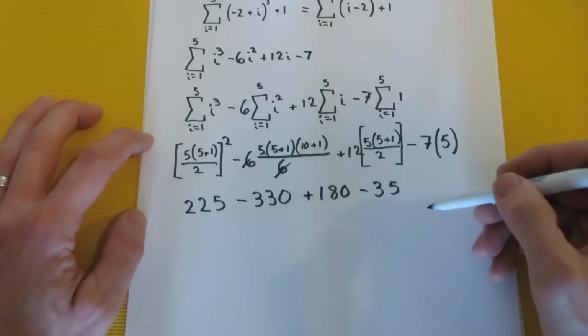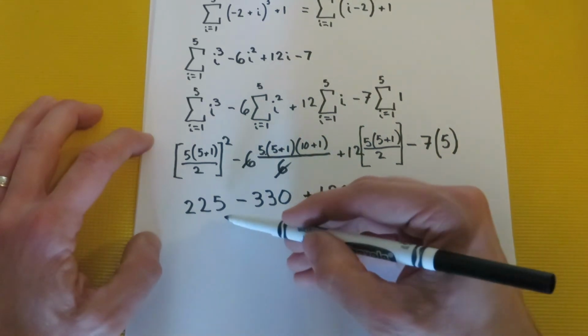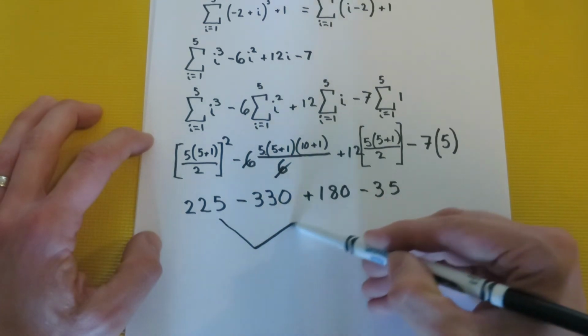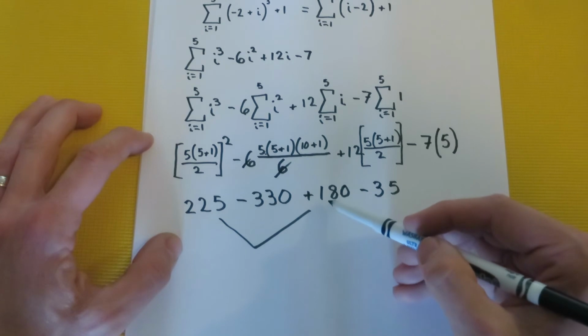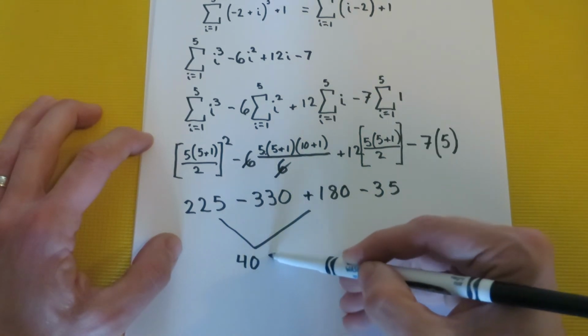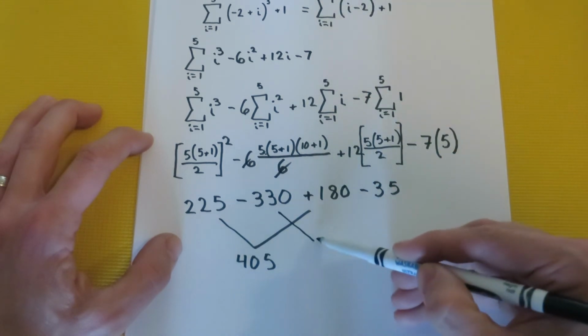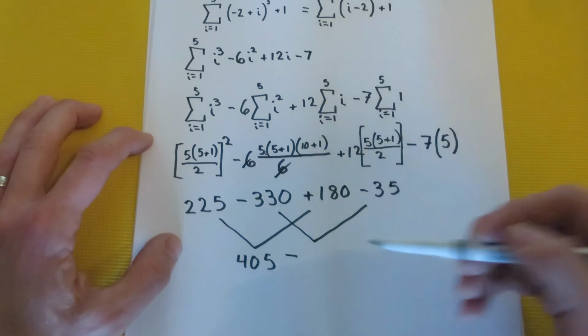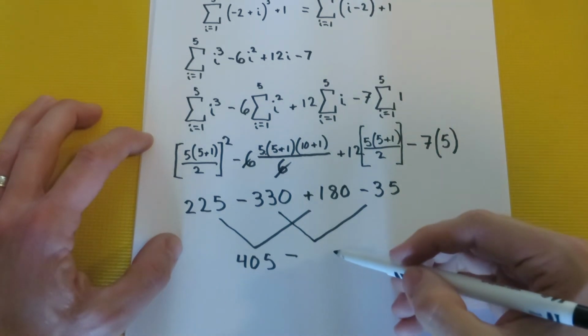Now this is sort of my way of doing it. We have a positive term here, we have a positive term here. I'm just going to group these two together. And that's going to give us a positive 405. Here we have a negative term, here we have a negative term. I'm just going to group these together. And that's going to give us a minus 365.